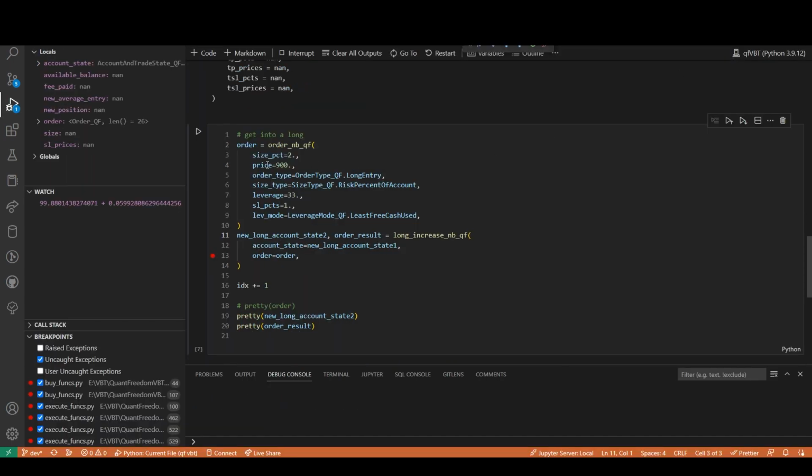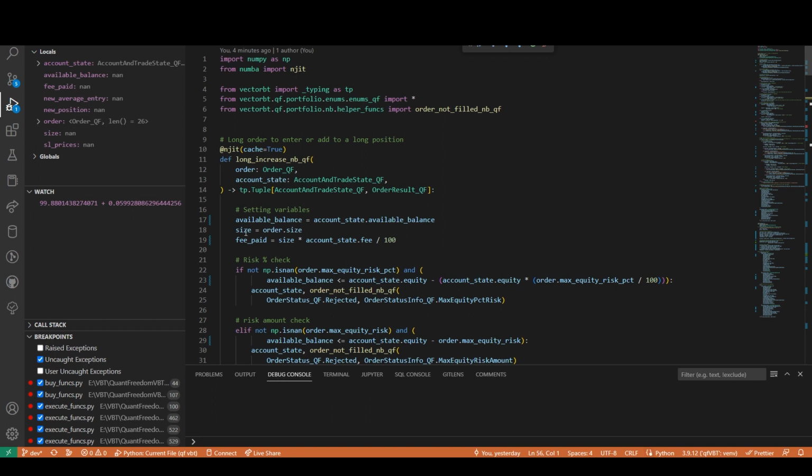I'm just now realizing that I can't just send an order to the long increase because here the size is nan. So I'd have to send the size that I want.